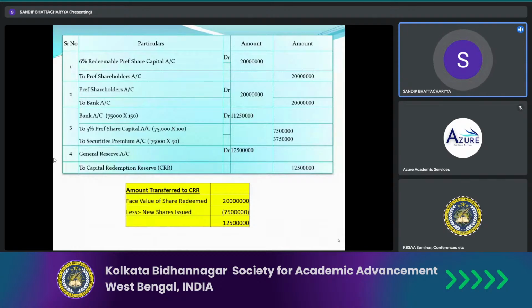So this is the formula: face value of the shares redeemed minus the proceeds from the new issue of shares, and the rest is transferred to the capital redemption reserve. So this is a very simple sum on redemption. We will proceed to the next one. I think it is clear.